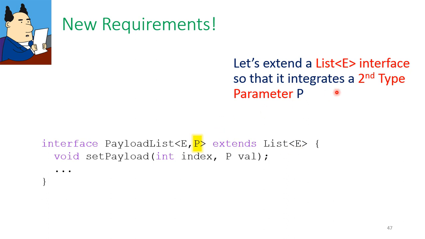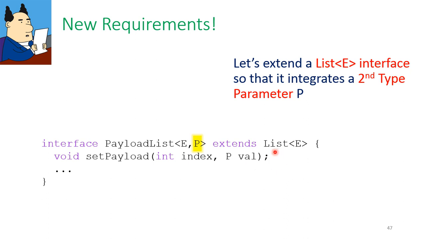All right. The method that we require classes that implement our interface to provide code for is setPayload, which takes an index of primitive data type int, and a value as second parameter that is of data type P. So a little bit more complicated than the previous example.